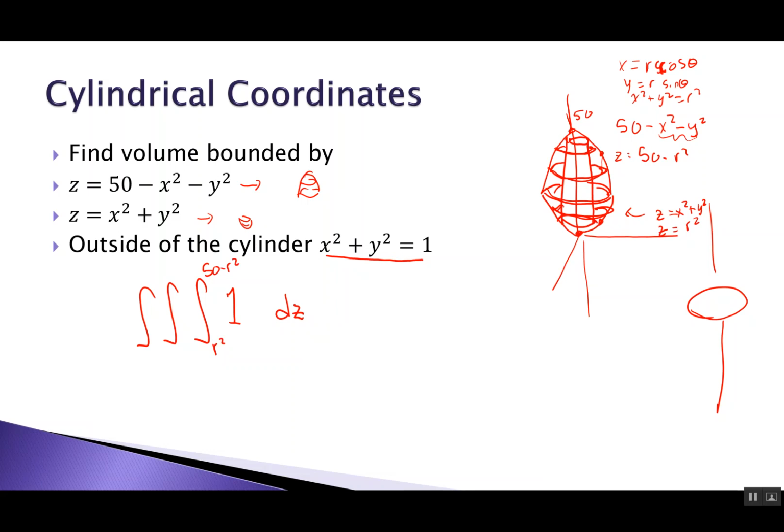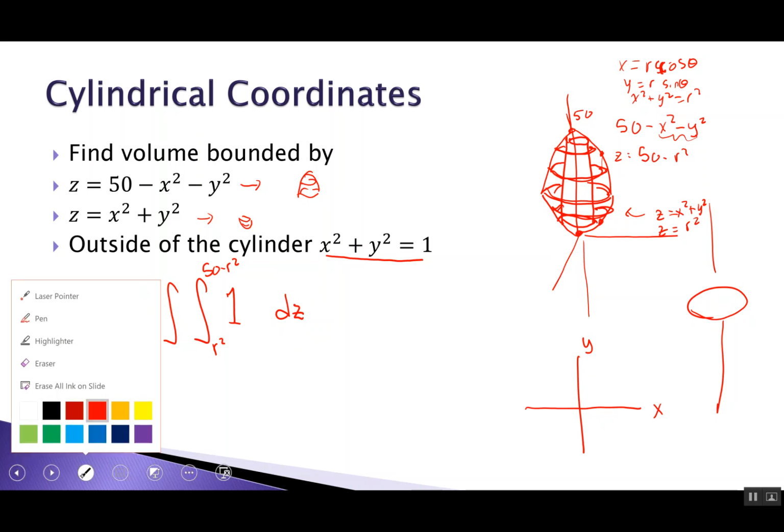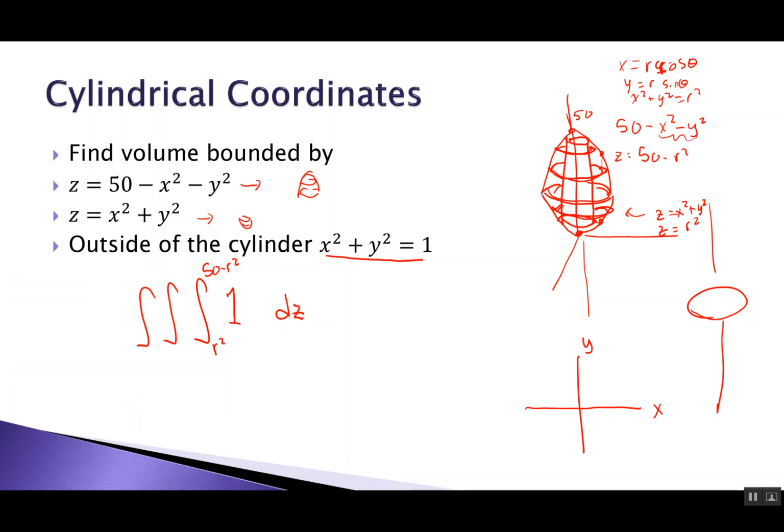There's my dz. Now, in the xy plane, or the r theta plane, whichever you want to think of, these two shapes intersect right here at this equator. So I need the equation of the equator. We can see it's going to be a circle, and it's also where those two equations match.